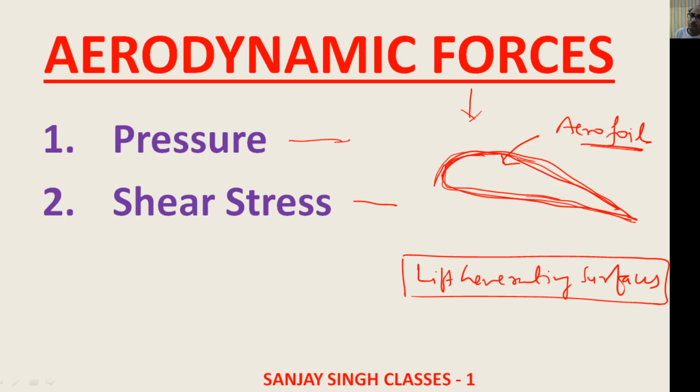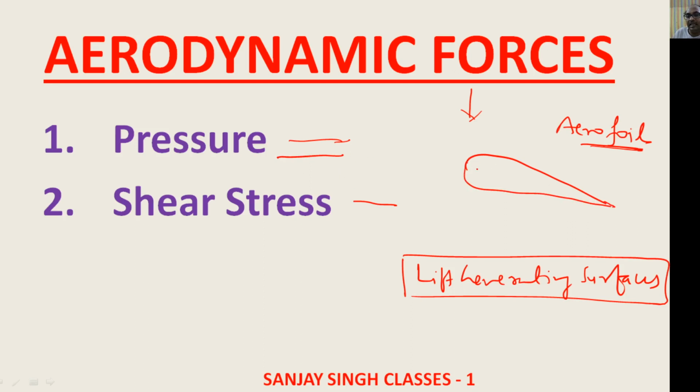So I was talking about the object. This particular object is subjected to two types of forces when it moves in air, or when air moves over it. So that's why the name is aero and dynamic. Aero means air and dynamic means motion.